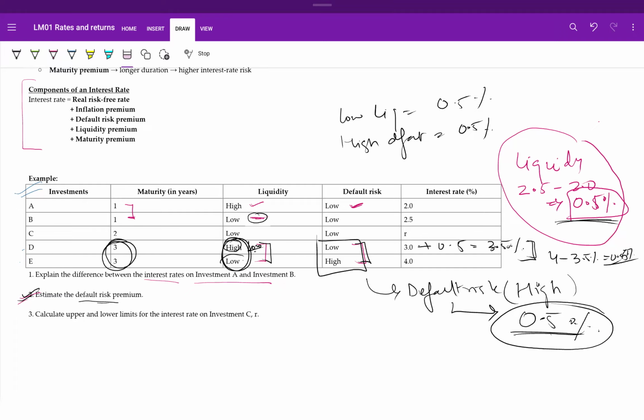Now notice the difference between B and C. If you look at the investments B and C, the liquidity is low, so this is same, and default risk is also low. Now, how much should an investor pay for the maturity in years?